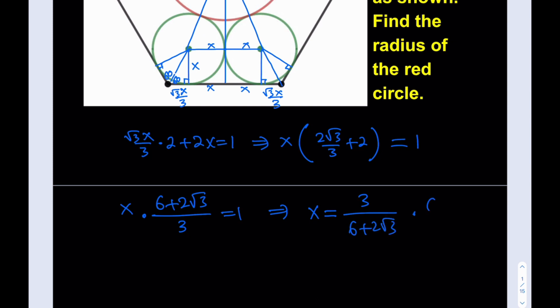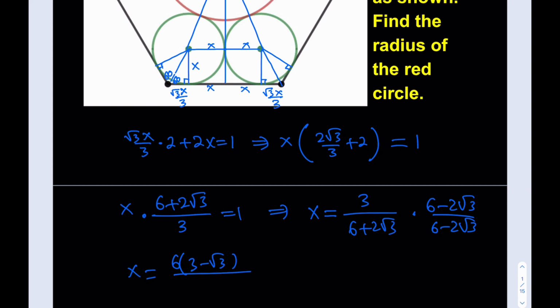If you rationalize the denominator, multiply by the conjugate, 6 minus 2√3, and then it's going to give you 3 times the quantity 6 minus 2√3. By the way, I can pull out a 2 here, I think that will be helpful. And that should give me a 6 times 3 minus √3 divided by these 2.